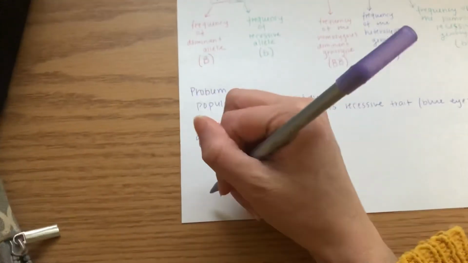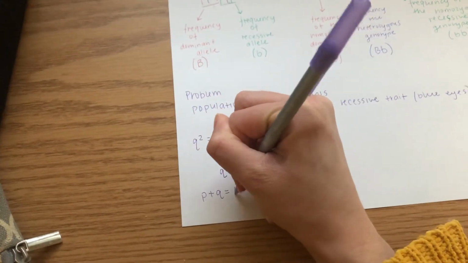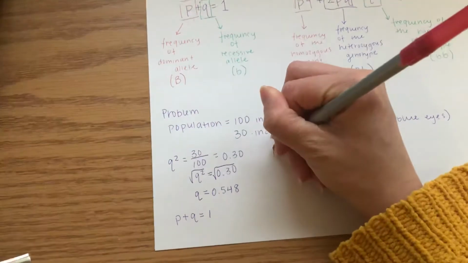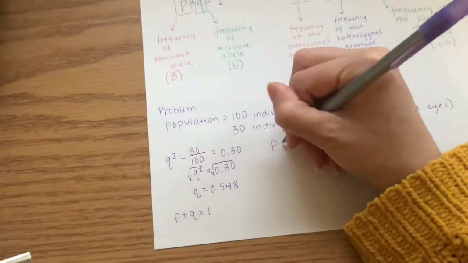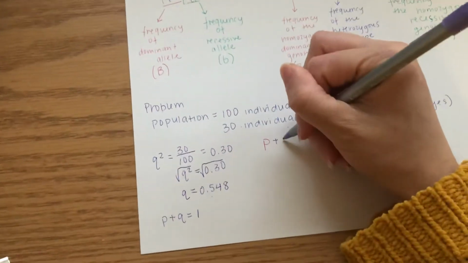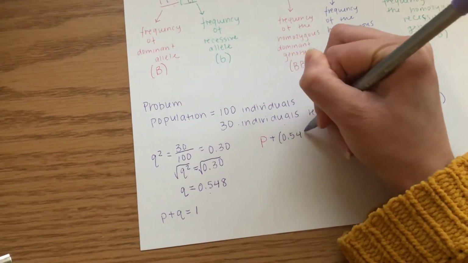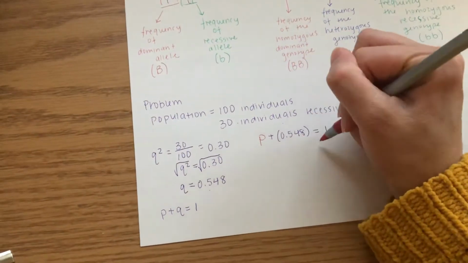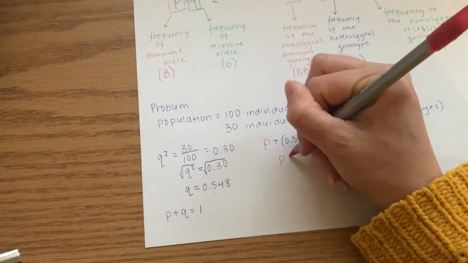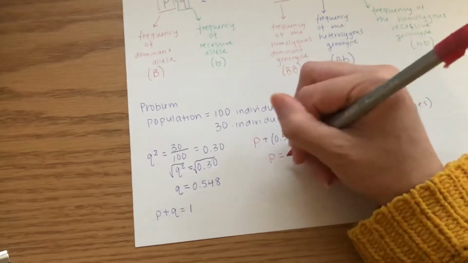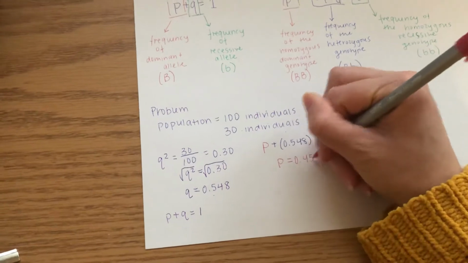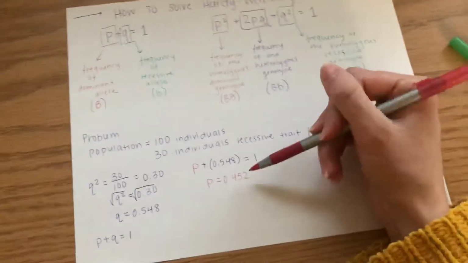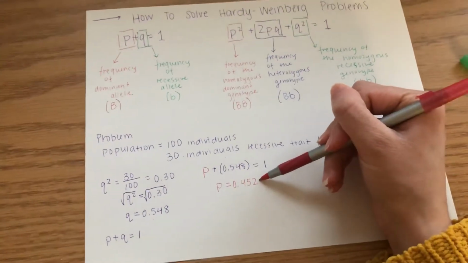So we have that P plus Q equals 1, right? So we're looking for P. Let's plug in our Q value. So P plus 0.548 equals 1. So now just doing some math, we're going to subtract that Q value from 1. So P is then going to equal 0.452. So now if the problem is asking the frequency of the dominant allele, you know that P equals 0.452.